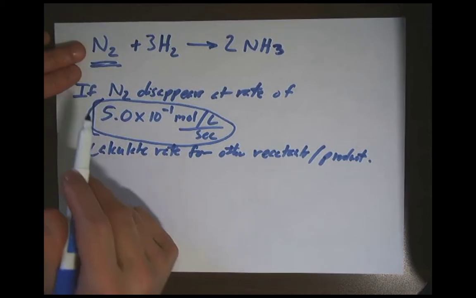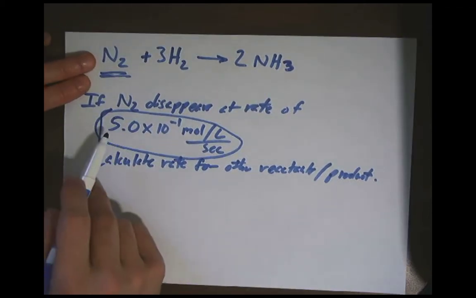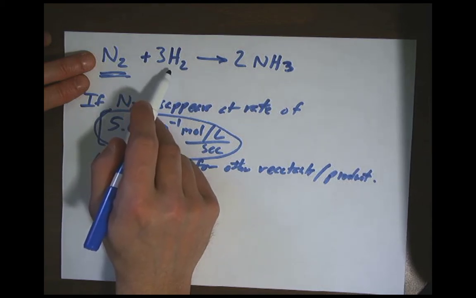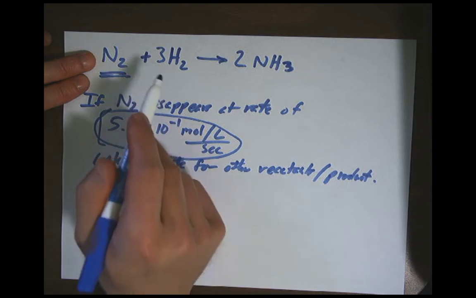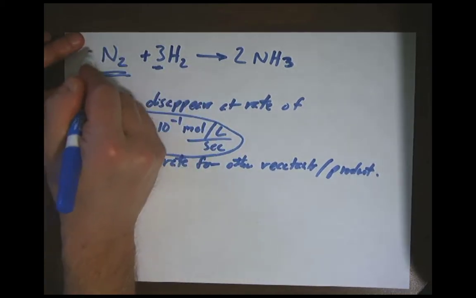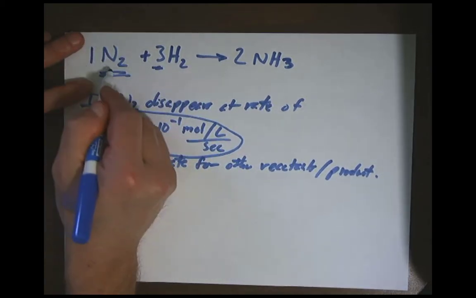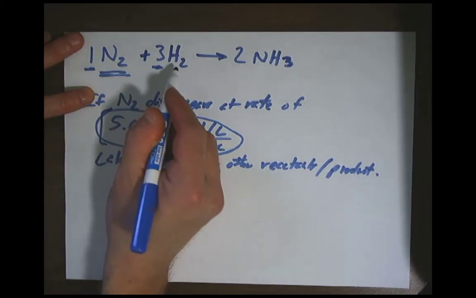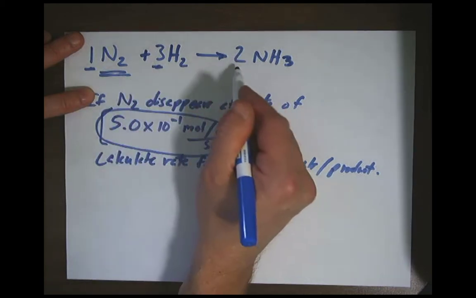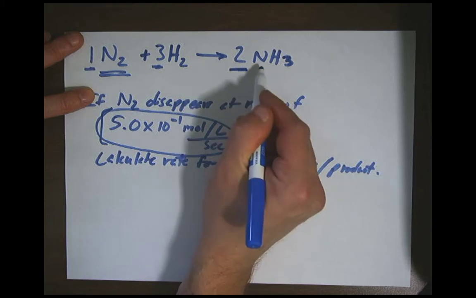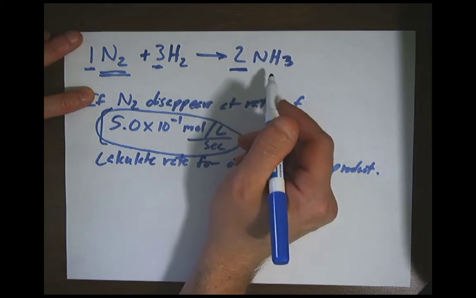We know that if nitrogen is disappearing at a certain rate, these other compounds in the reaction need to change at a proportional rate depending on their stoichiometry numbers. So since we'll kind of think of it as a 1 in front of that N2, since we have 1 N2 for every 3 H2s, and as those react, they are causing the appearance of 2 ammonia molecules.